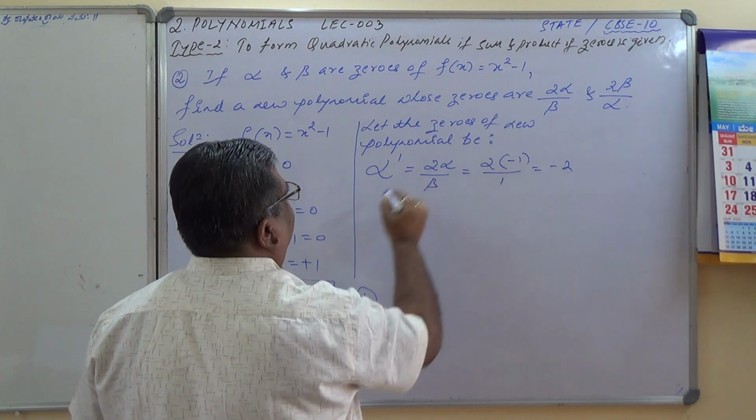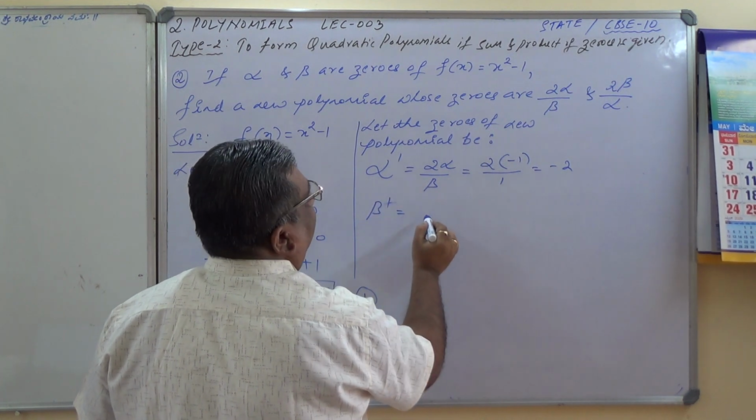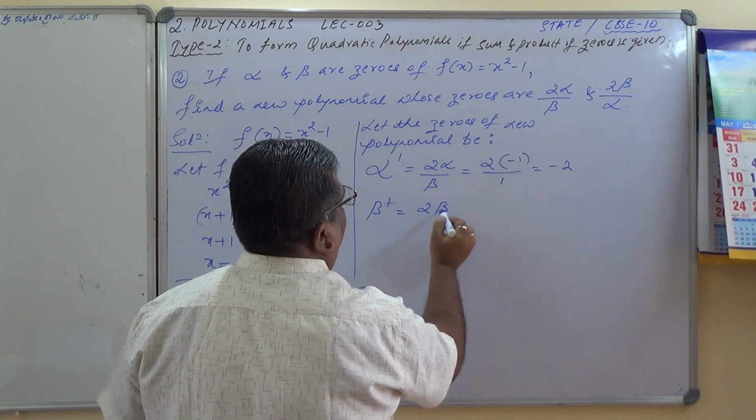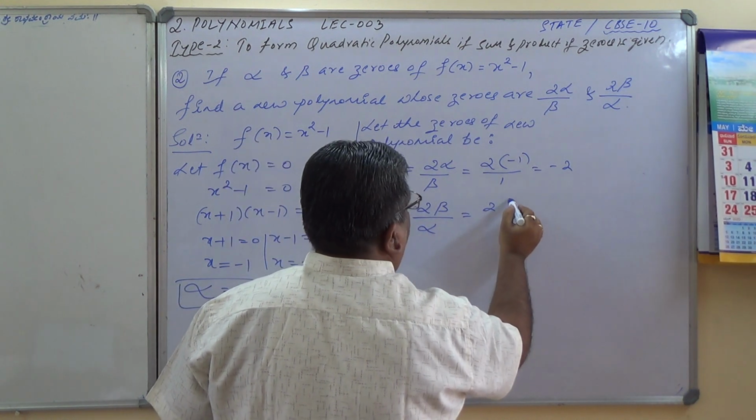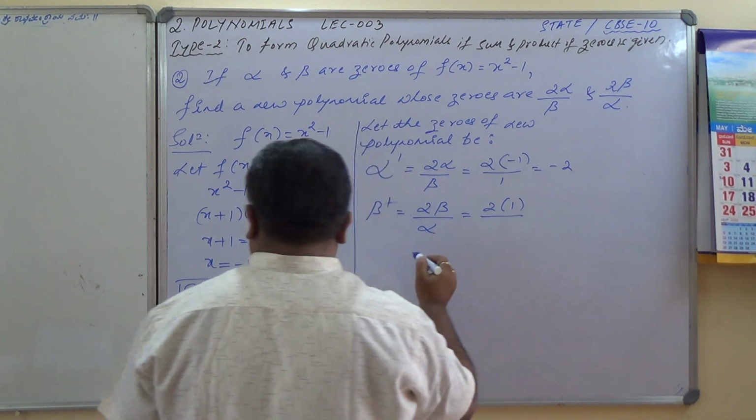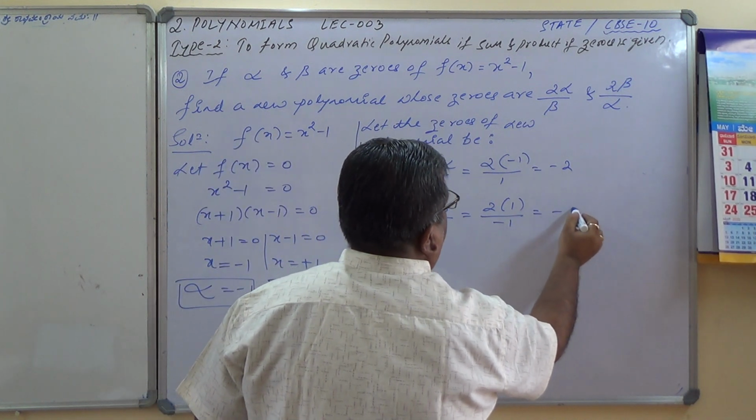And next is beta dash equals 2 beta by alpha, which equals 2 times 1 divided by alpha is minus 1, which is minus 2.